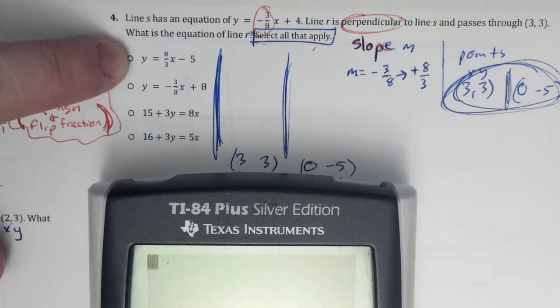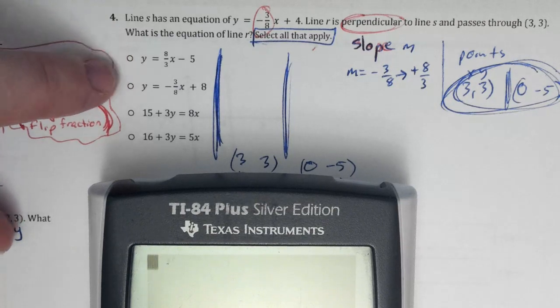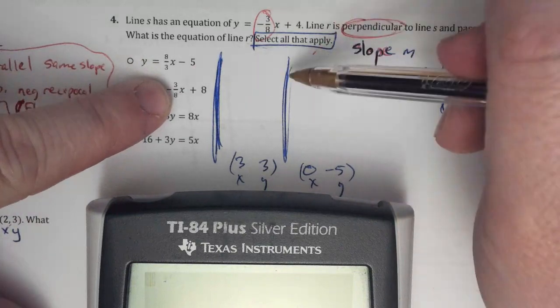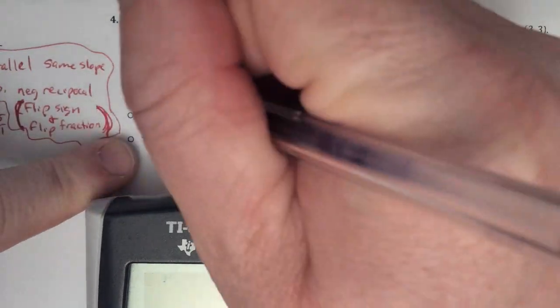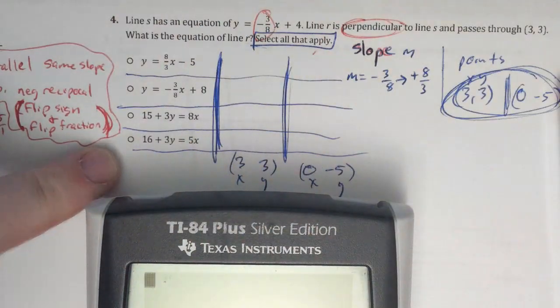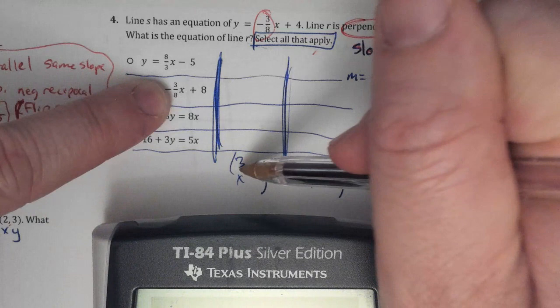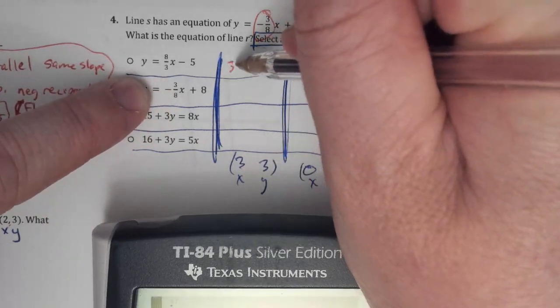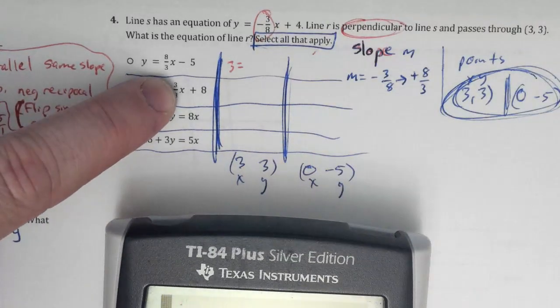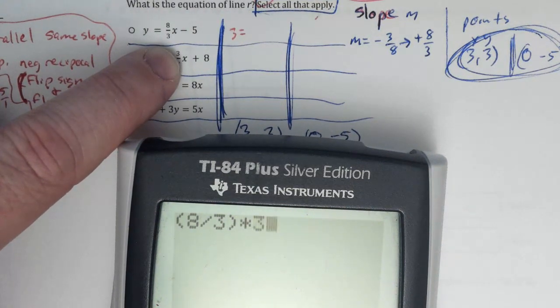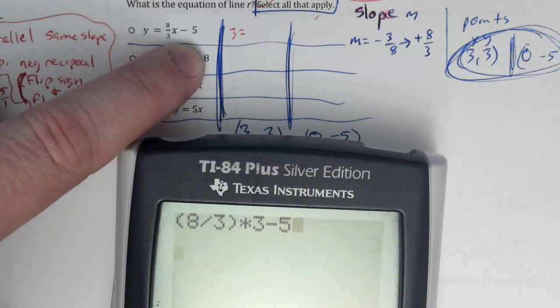So here we go. If I plug this in, this is my x, this is my y. I'm going to make these lines here so you can follow my steps a little better. So right here, if I plug in this for my y and this for my x, does 3 equal 8 over 3 times 3, which is my x, and I subtract 5?